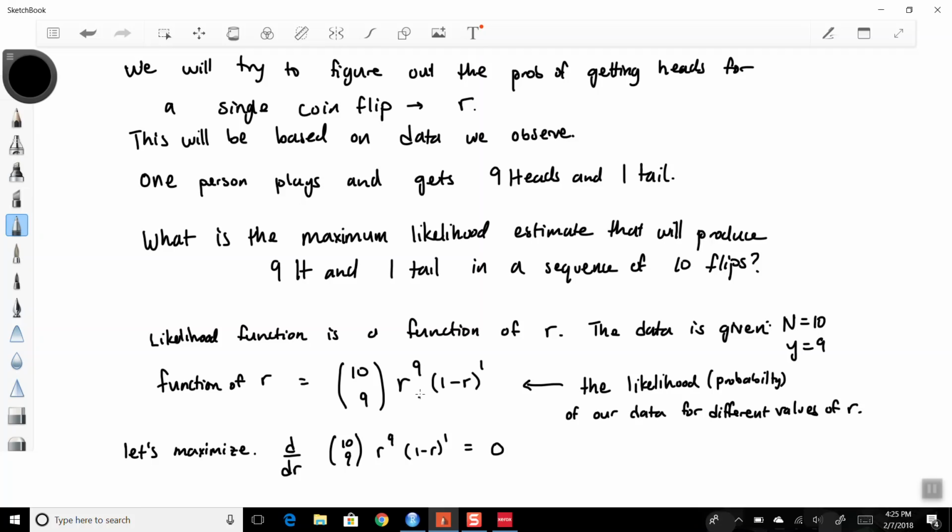If we tried to differentiate the probability mass function, you can't do that with respect to y. It's not possible because it's not continuous. But here we can, okay? And then if we try to do this, it's a little bit troublesome. So instead, we will maximize the log of the likelihood.